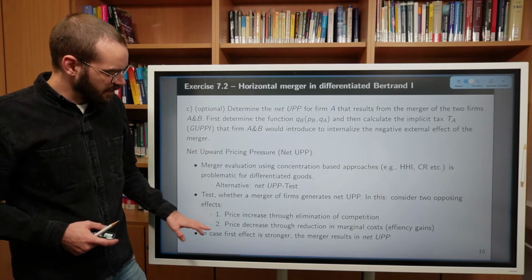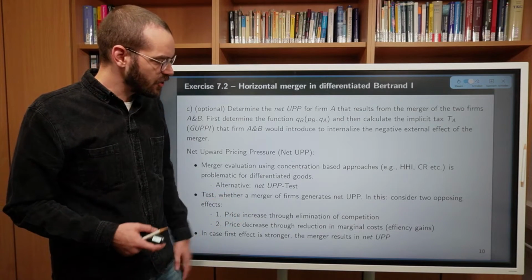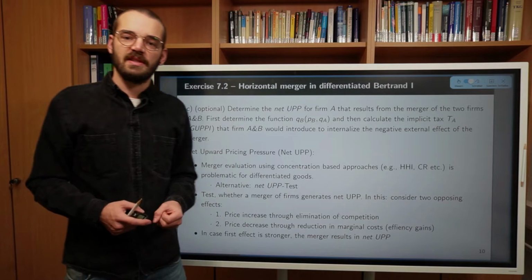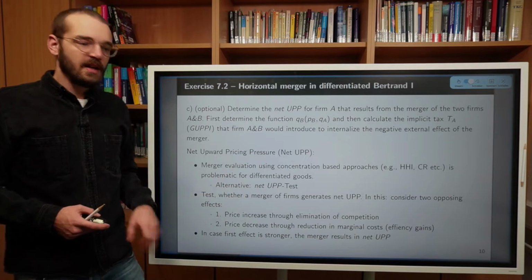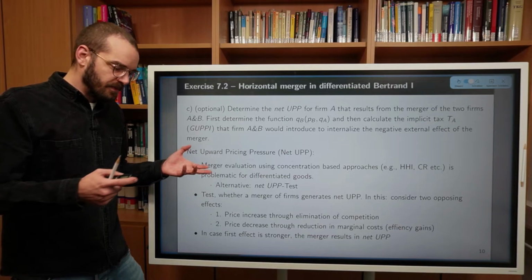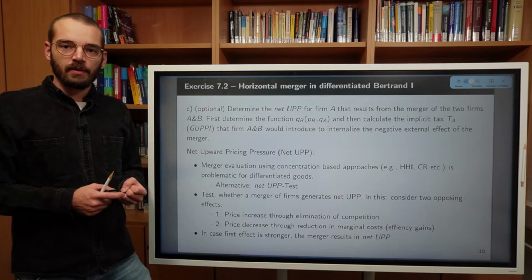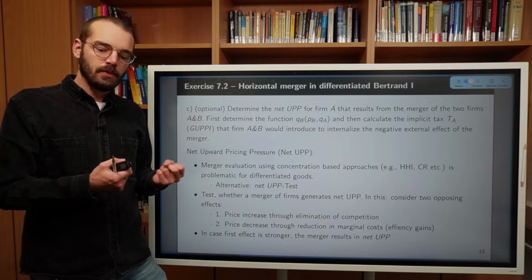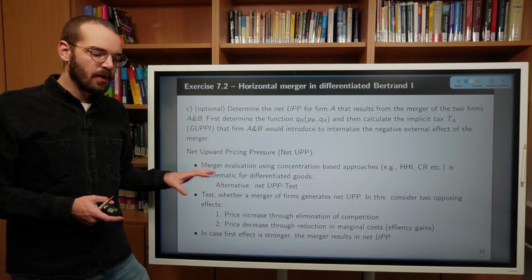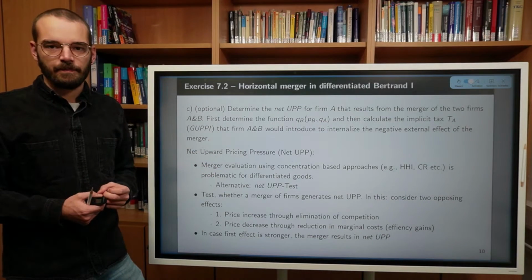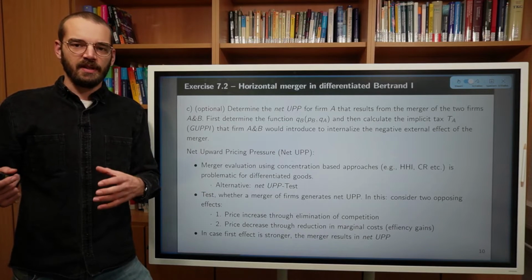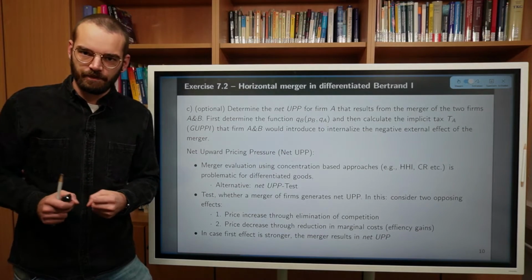And then the second effect is the price decrease through reduction of marginal costs, or what we will refer to as efficiency gains. So the idea is, under the first point, there is less competition, which we would expect to yield lower allocative efficiency. That's what we saw when we were comparing monopoly, oligopoly, and perfect competition, right?